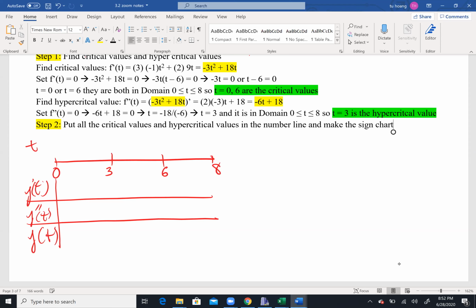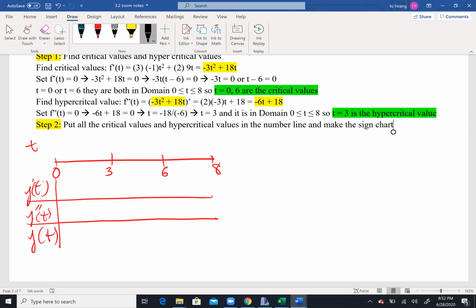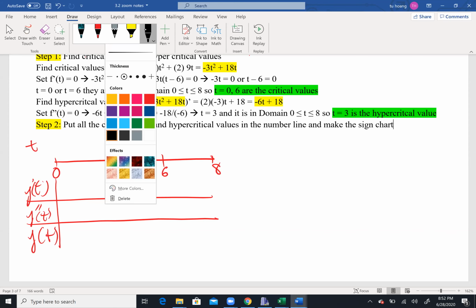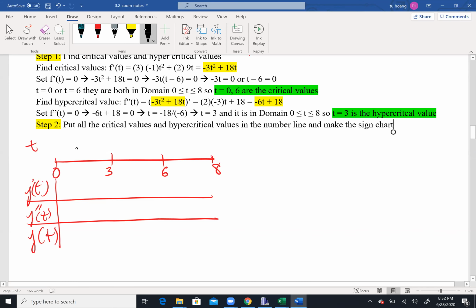So in order to test these intervals, I'm going to test, say, number 1 in the first one. The second one from 3 to 6, I'm going to test 4, and the last one from 6 to 8, I'm going to test 7.